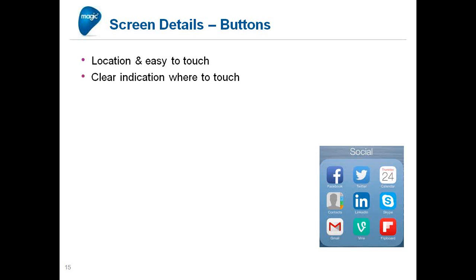If you look at my screenshot example here, you can clearly identify where the buttons are. There's a space between the buttons, and it makes quite clear where to touch. So there is this recommendation of avoiding less than 1 centimeter square. That will be a very tiny button to use with a thumb.